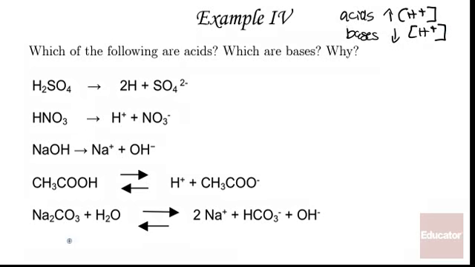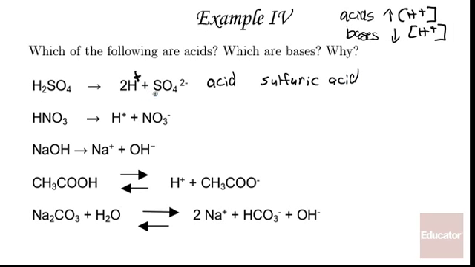So let's look at this first one. This is showing the dissociation of a substance into, this should actually be 2 H+ plus SO4 2-. Since this is dissociating to form hydrogen ions, it's increasing the concentration of hydrogen ions in the solvent it's added to. Therefore, this is an acid. And this is actually sulfuric acid.